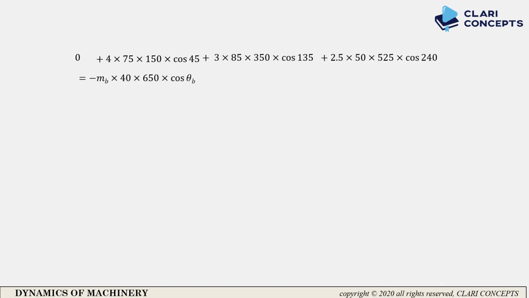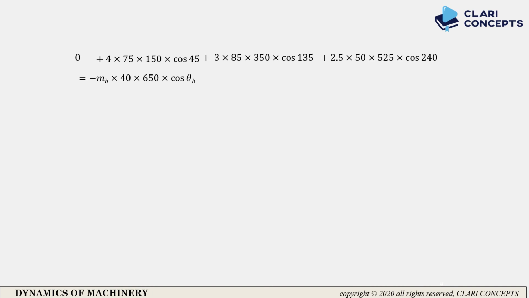Now you can see that equation A I rewrite, and the term mb into 40 into 650 into cos theta b will be moved to the right side, opposite to the equal sign.